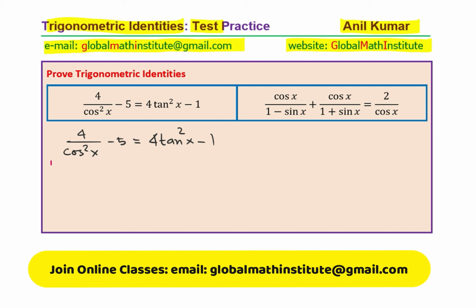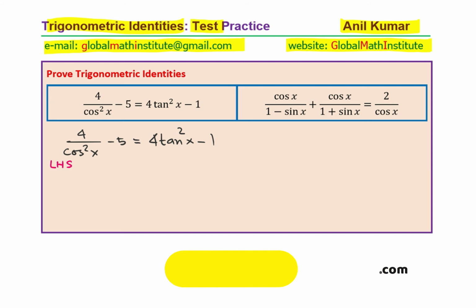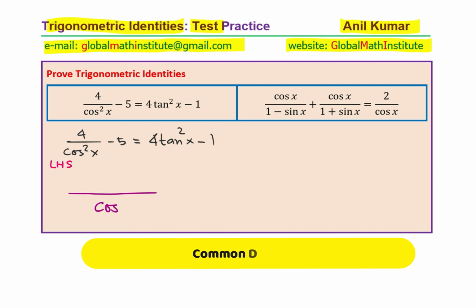We have 4 over cos square x. Let me rewrite this and take a common denominator of cos square x. So what do I get? Well, I have 4 as the first term minus 5 times cos square x.